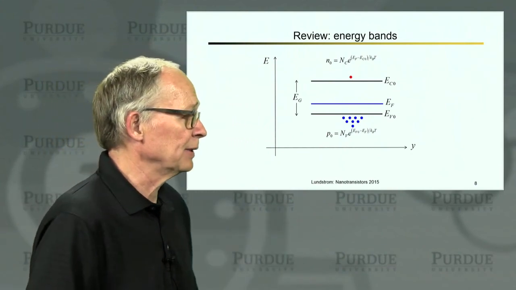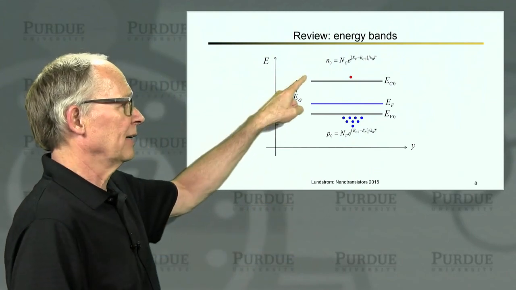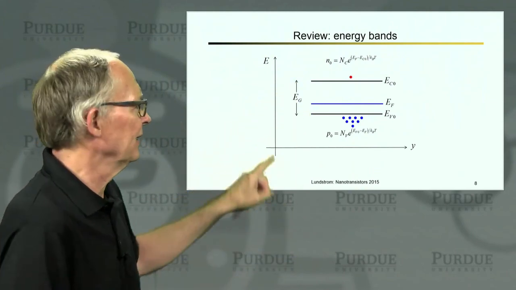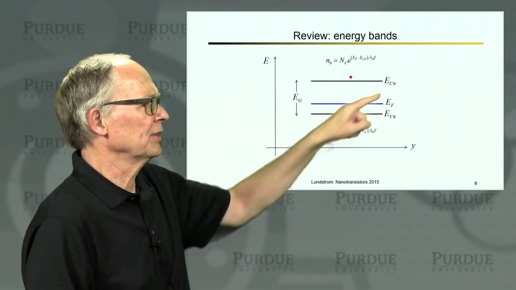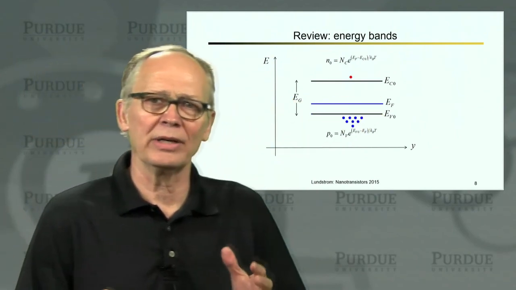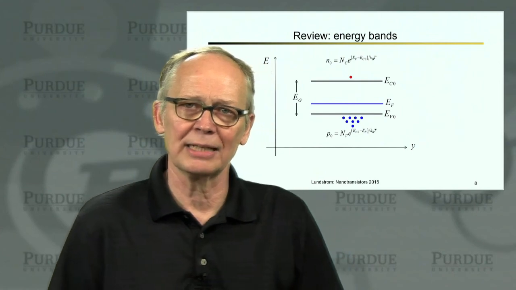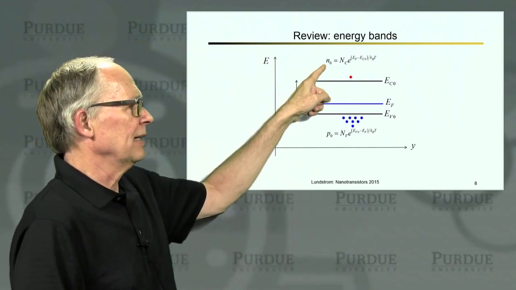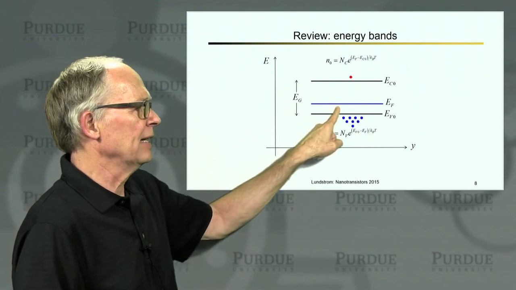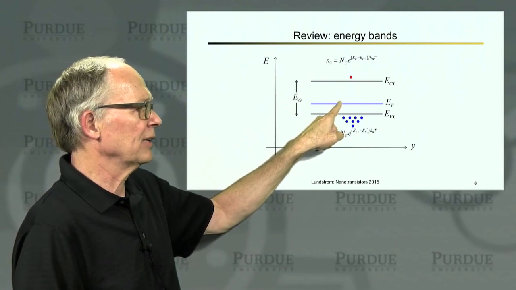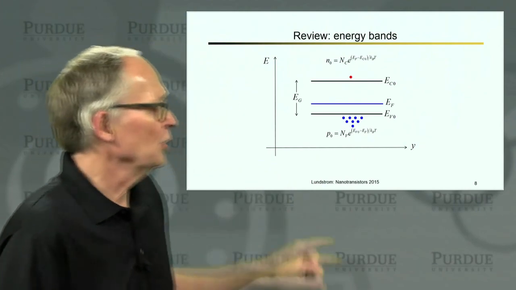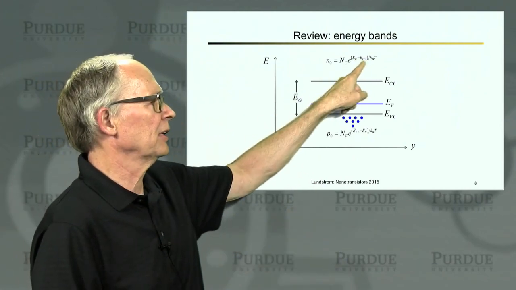Now let's review just briefly energy band diagrams. We've talked about this before. If we have a semiconductor with a bottom of the conduction band and a top of the valence band, I'm writing EC0 here to indicate that this is where the band is when the electrostatic potential is 0. So we have some electrons in the conduction band. The density of electrons is determined by the location of the Fermi energy with respect to the bottom of the conduction band.